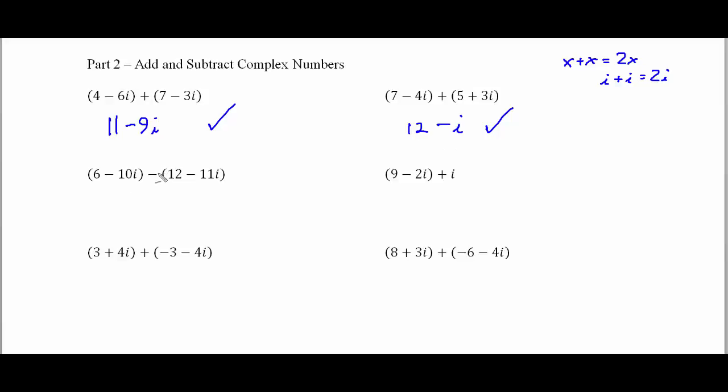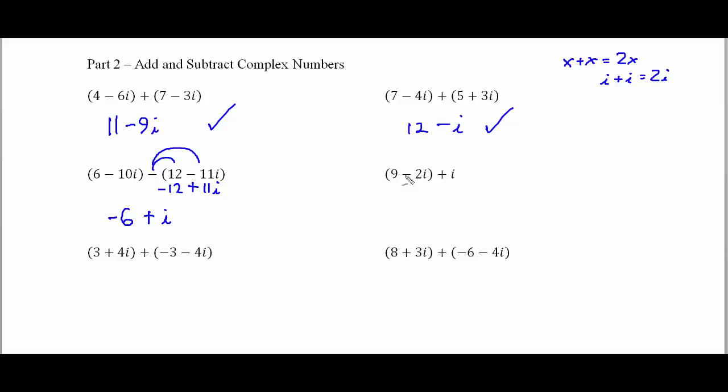Okay, so in this problem we're not adding, we're subtracting, but this is a reminder to quickly distribute the negative. So negative 12 plus 11i is the correct distribution of that subtraction. So 6 minus 12 is negative 6, and negative 10 plus 11i is positive 1i, which is rewritten as positive i. Again, don't put the 1 in front of the i for the final answer.